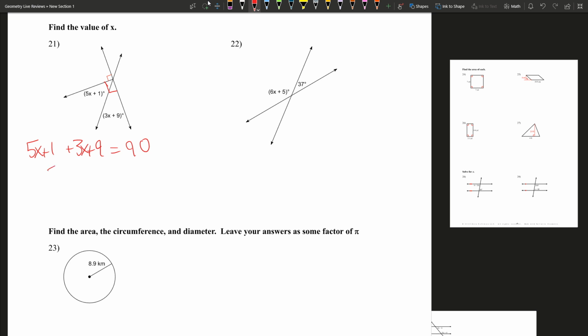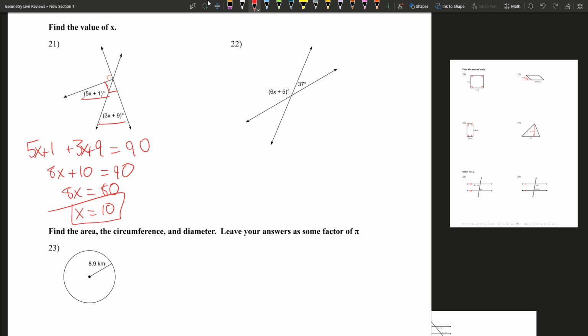Combine like terms, so you get 8x plus 10 is equal to 90. Subtract 10 from both sides, and then divide by 8. So you have to know what a right angle looks like, and you have to know that you have to add those two things together.